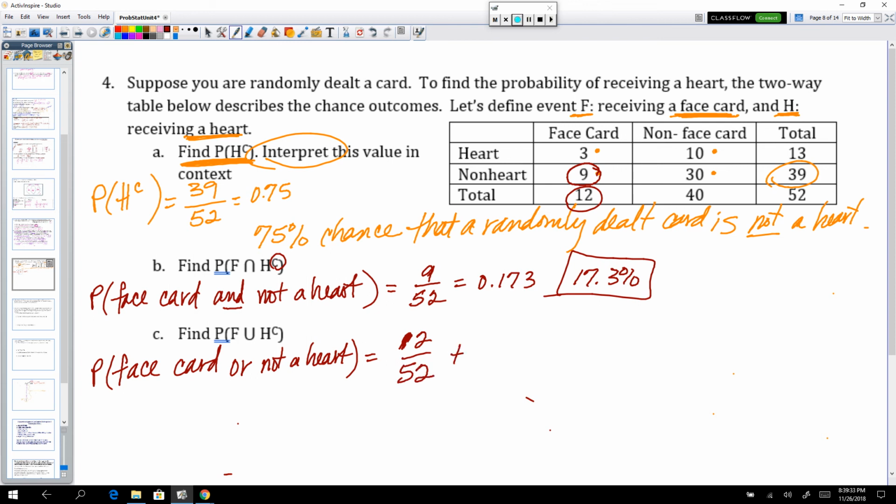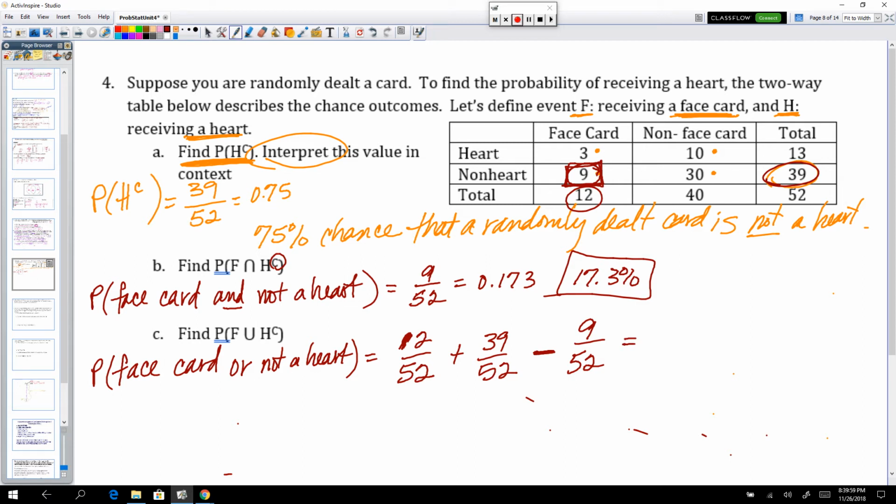Plus all the not a hearts. Not a hearts. That's the 39 out of 52. And then we subtract out the cards that are both face cards that are non-hearts. Face cards that are non-hearts. That's the 9 out of 52 we talked about in the last question.